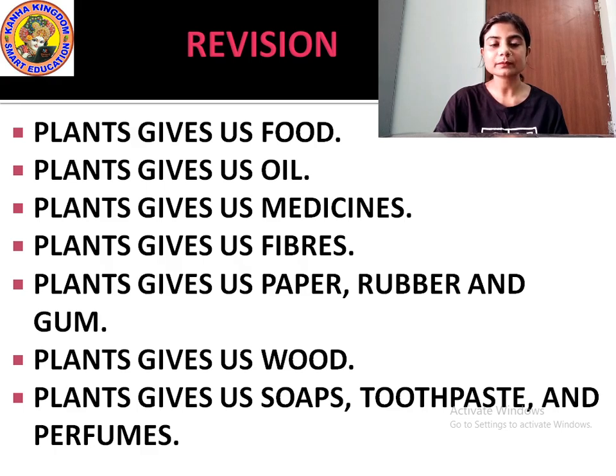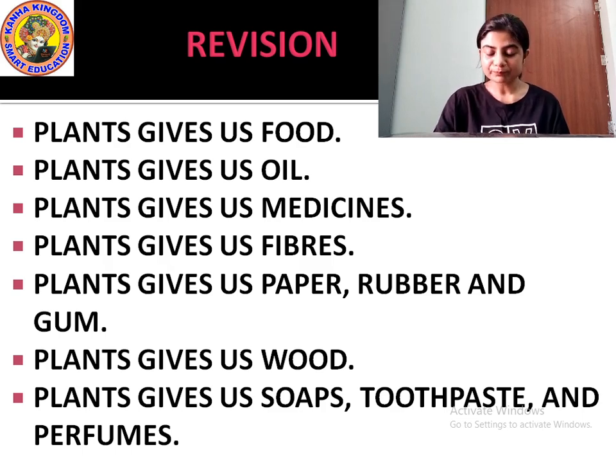And the tea. Tea is made from the tea plant. The leaves of the tea plant are dried and later on it is made into tea. Yes or no? So these are the different food products that we get from plants. Okay. The food that we eat, the fruits, vegetables, cereals, grains, everything is obtained from plants.